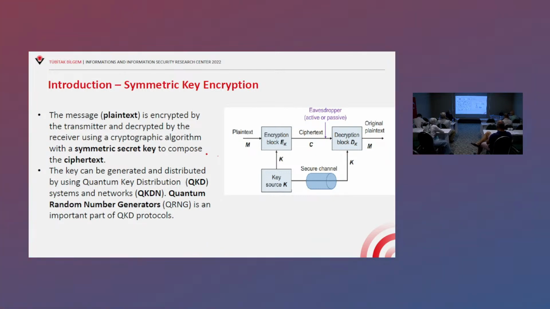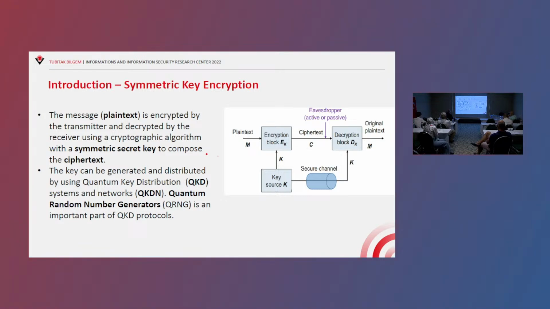And as we mentioned, this key can be generated and distributed through what we call a quantum key distribution protocol. There are actually networks of this, because in a networked scheme, you don't have only two parties. It's not usually point-to-point communications. In a networked environment, you'd like all of the parties participating in this communication to share the same key.